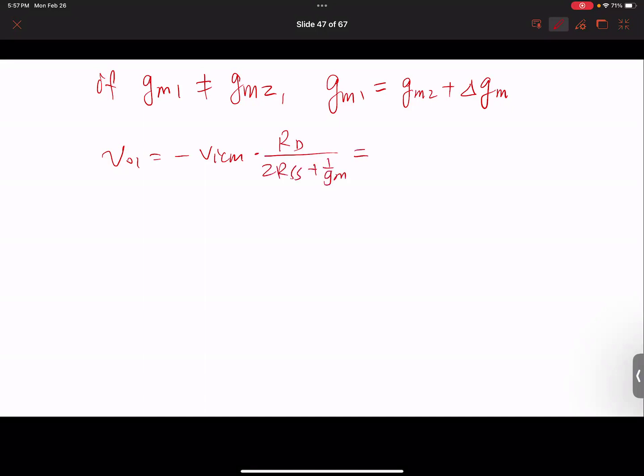So this VO1 now is going to become minus VICM RD, because in this case, we assume RD is the same.